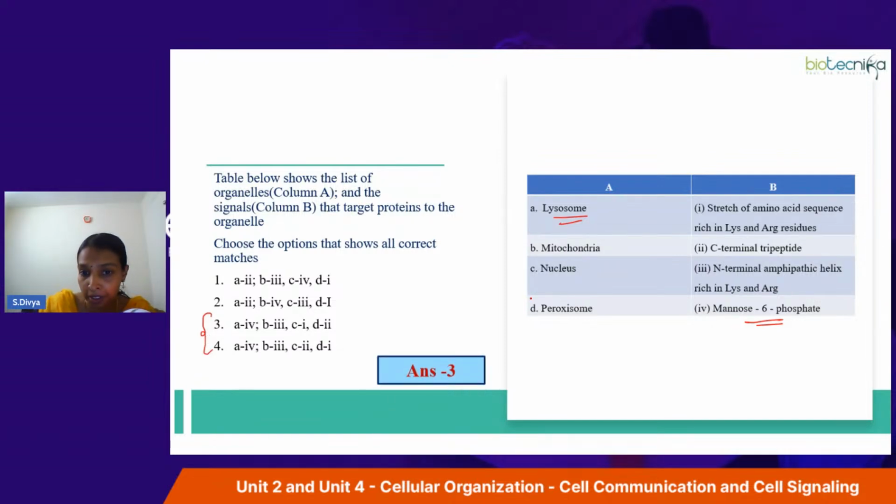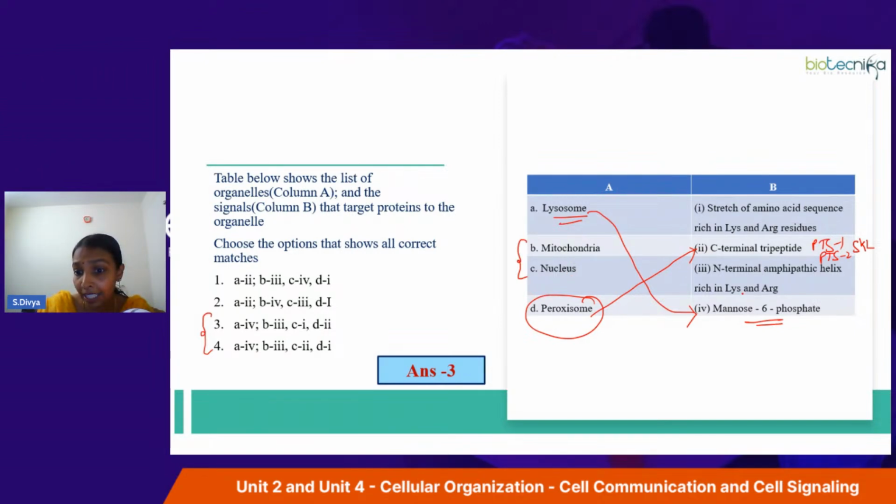No doubt, whatever you thought is correct. Apart from that, how can you identify these two? See, peroxisome has a tripeptide sequence, PTS1, PTS2, that is the SKL sequence, if you remember. How can you identify mitochondria and nucleus?